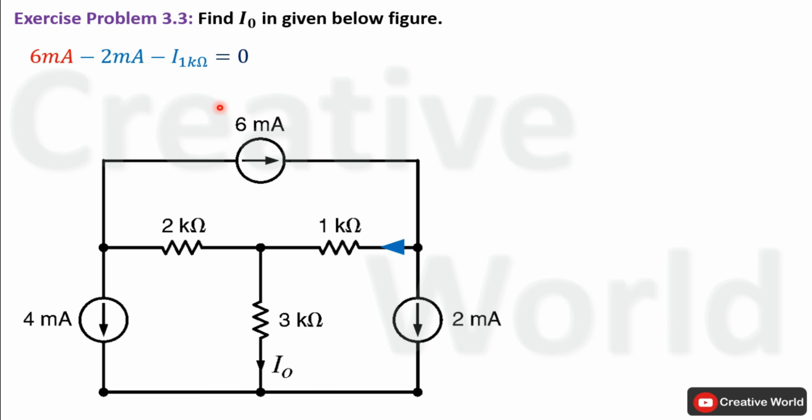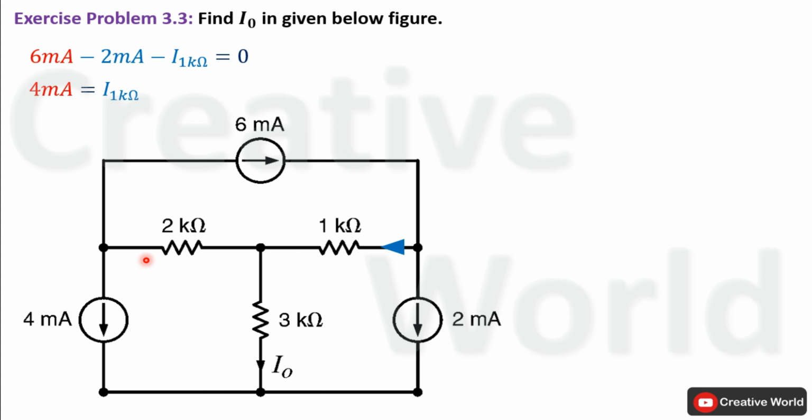So both leaving currents are taken with negative sign while the entering current is taken with positive sign. Now we are interested to calculate the value of current I 1 kilo ohm. So place it on the other hand side of equal and subtract 2 milliampere from 6 milliampere. So the value of current through this 1 kilo ohm resistance will be 4 milliampere. This 4 milliampere current will be leaving from this node.